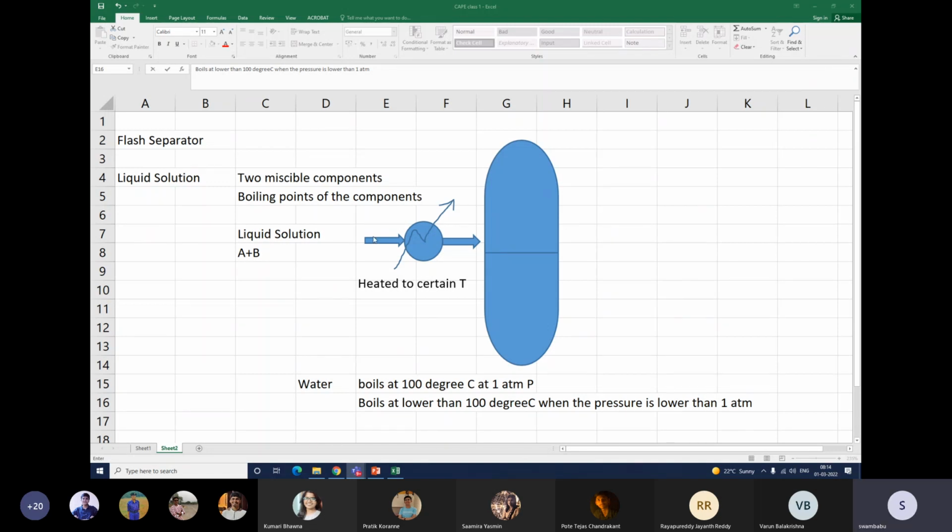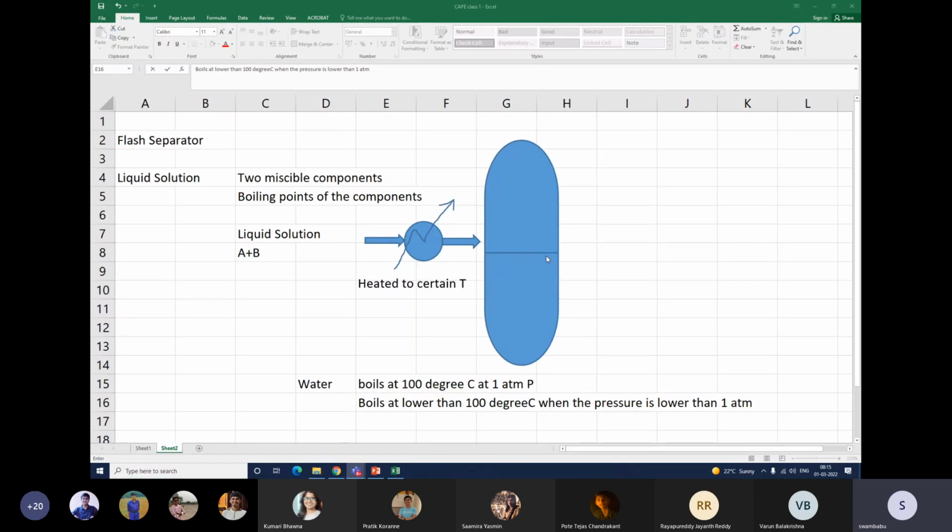So we have a liquid mixture heated to a certain temperature. Now we suddenly flash it. Flashing means allowing the hot liquid mixture to enter an empty chamber.